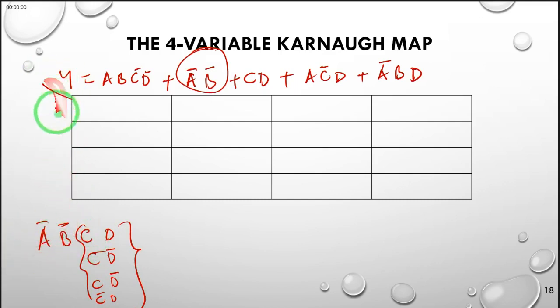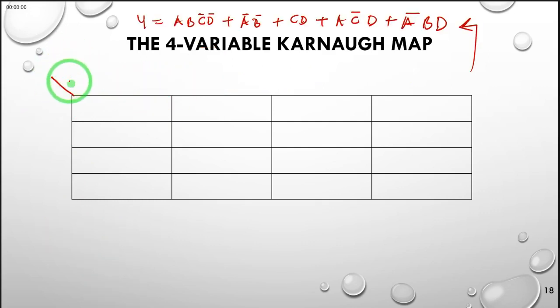Because we have made that before, we don't now need to do this one using the simplification methods that we made earlier of applying the axioms of Boolean algebra or De Morgan's theorem. All we need to do is to know that this column is 0, 0 for AB, and that is equivalent to A bar, B bar. So as we said with the K-map for four variables, we say this is A, B, this is C, D. So this means 0, 0, 0, 1, and 1, 0.